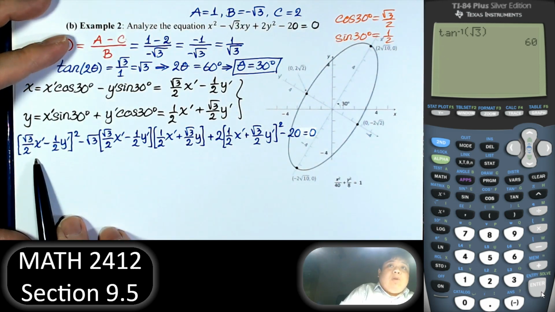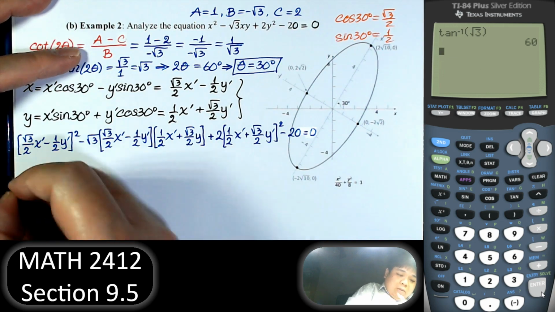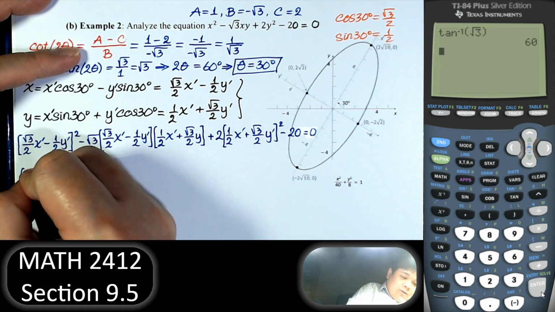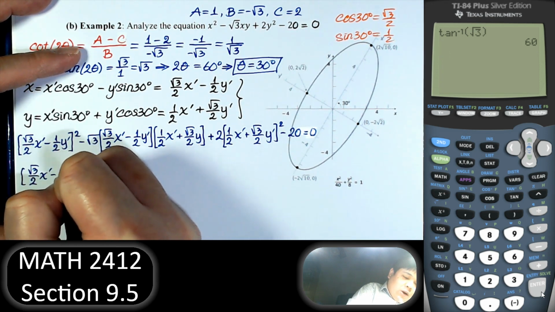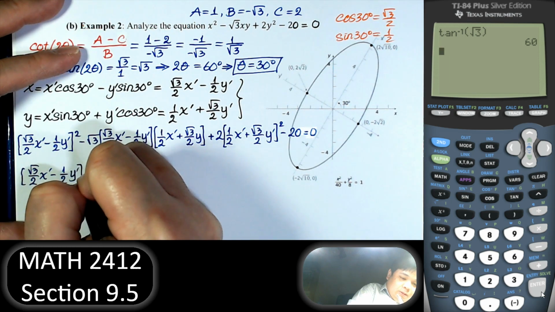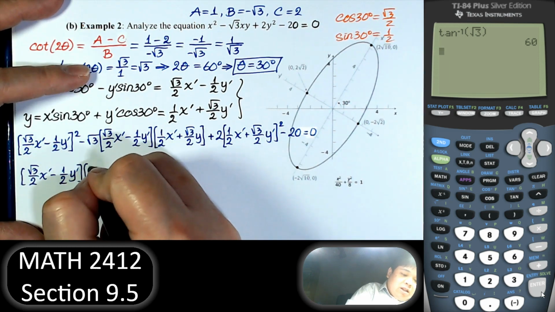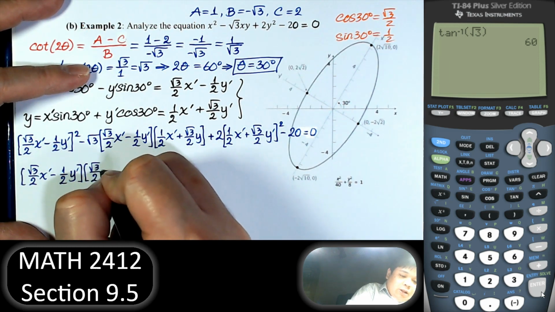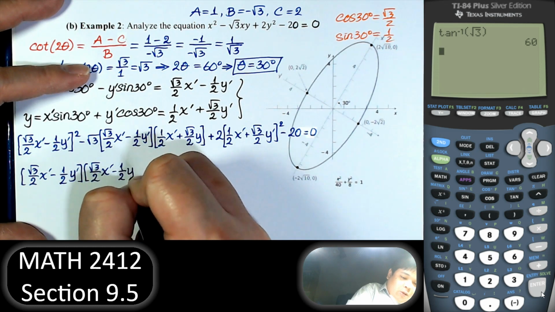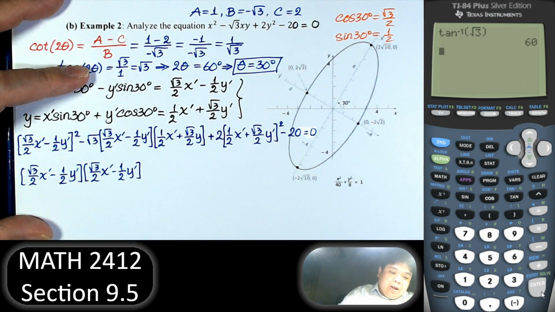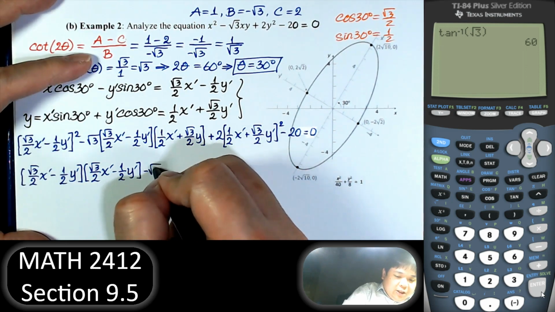Right, squared means multiplied by itself. So square root of 3 over 2 x prime minus 1/2 y prime, multiplied by itself. Right, minus square root of 3.